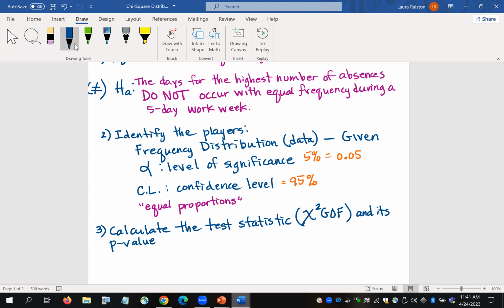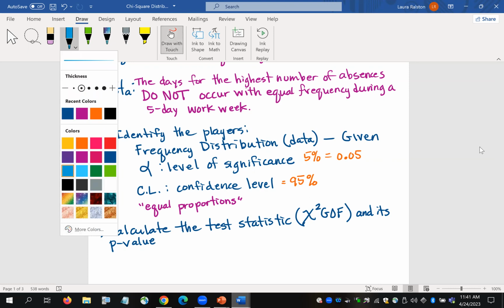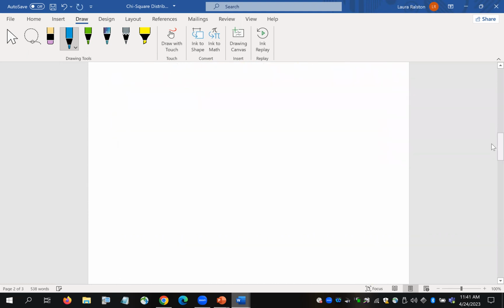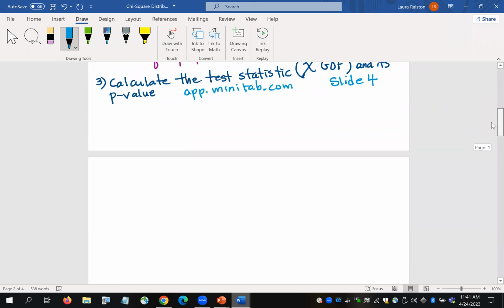Now, Minitab is going to do that for us. The instructions are on slide 4 of the PowerPoint for chi-square goodness of fit.